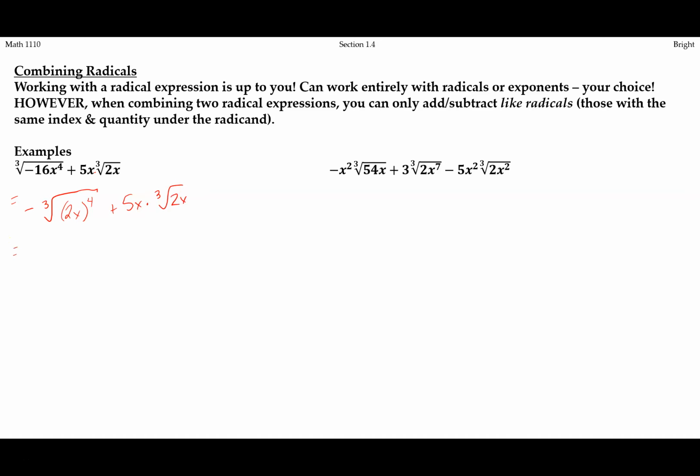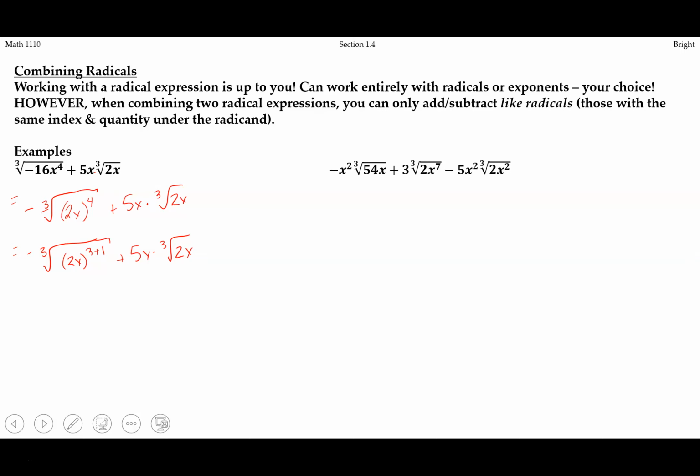Now, remember when we're simplifying, we're trying to find that index appearing somewhere. I know 4 is 3 plus 1, so let's see if that helps us. So this is going to be 2x to the 3 plus 1, and then plus 5x times cube root 2x.